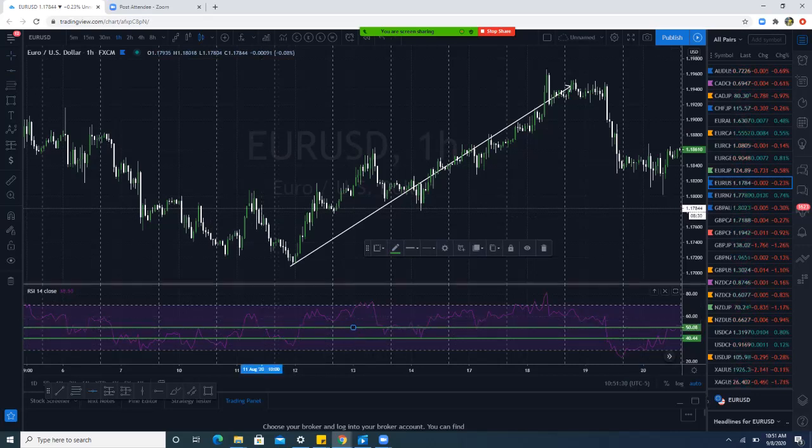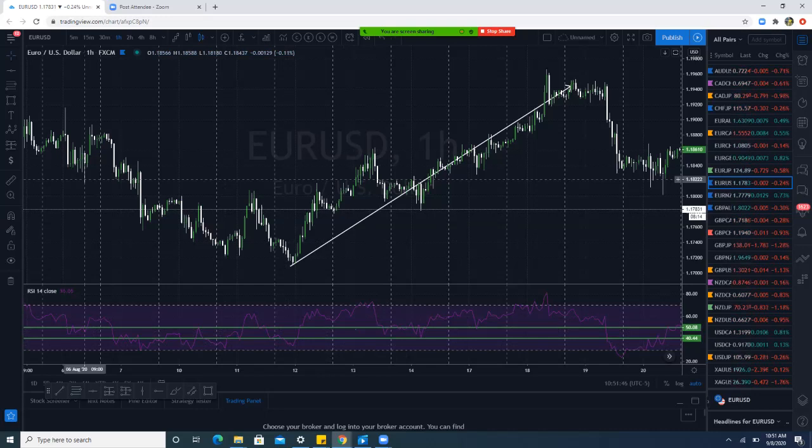So 40 and 50, we'll use that. So this is an uptrend. What you can do is when price reaches between this 40 and this 50, it is oversold in an uptrend.